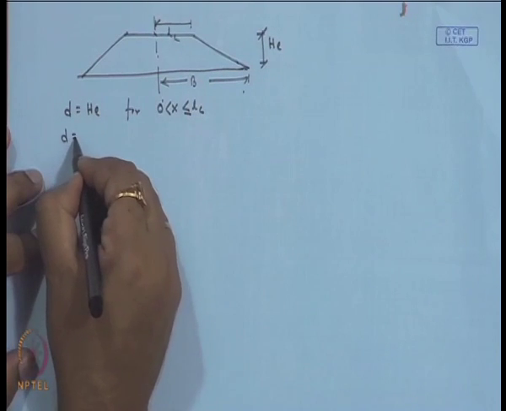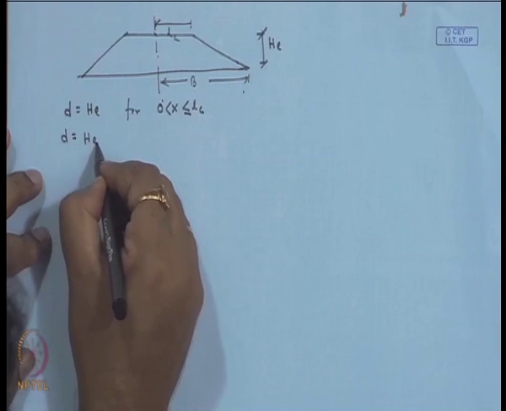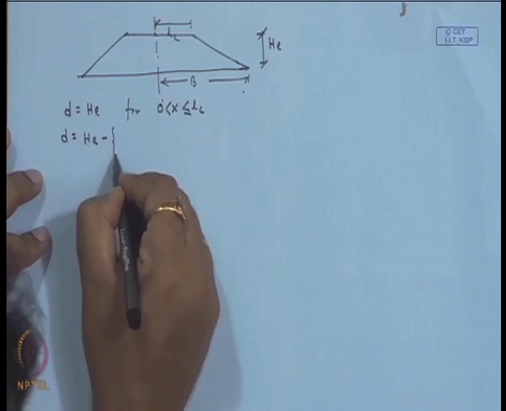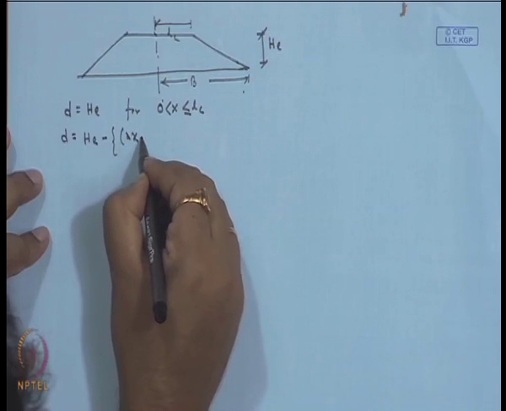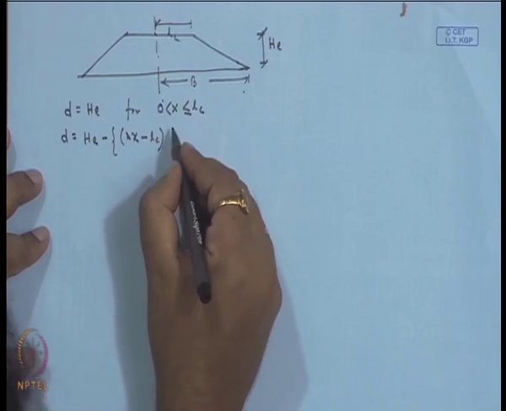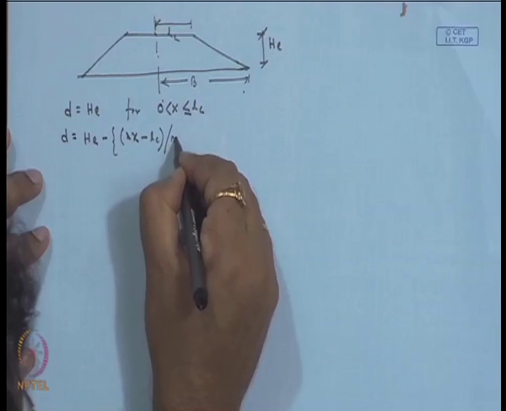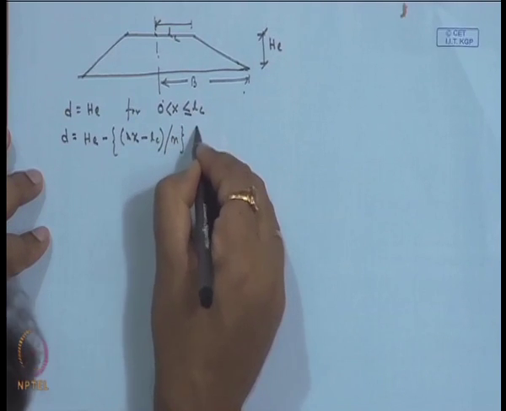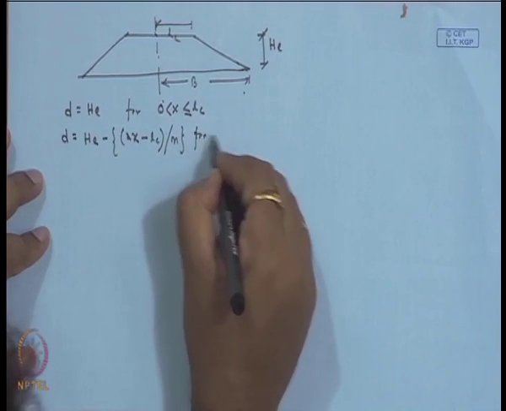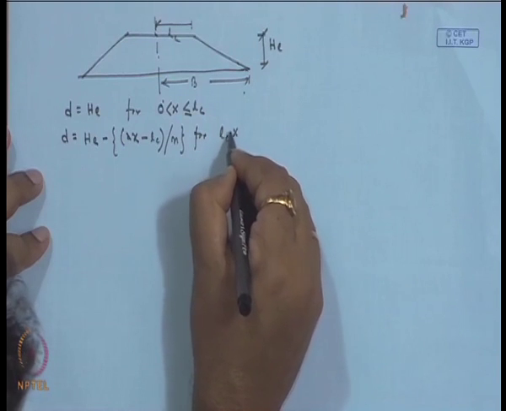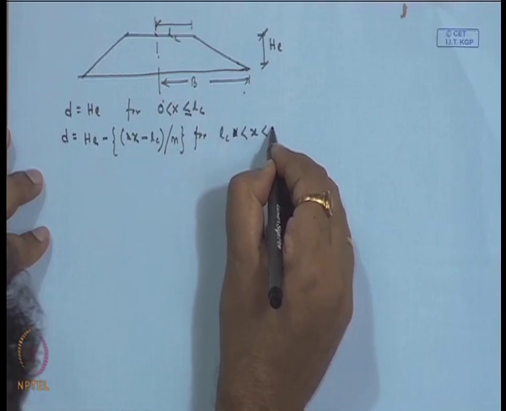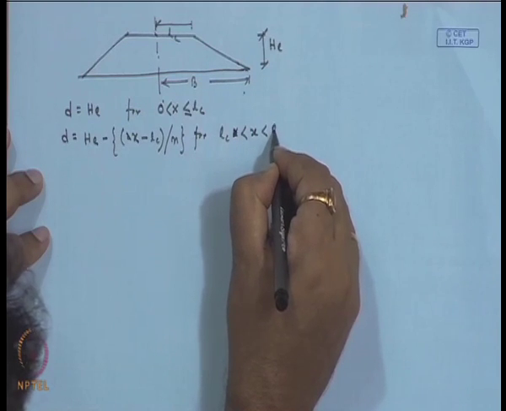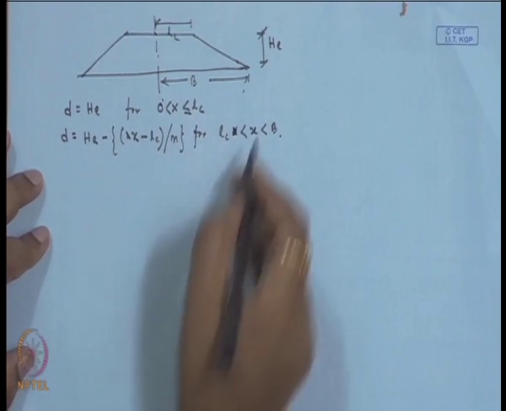Similarly, d will be equal to H E minus (x minus L C) divided by n, for L C less than x, less than or equal to b.